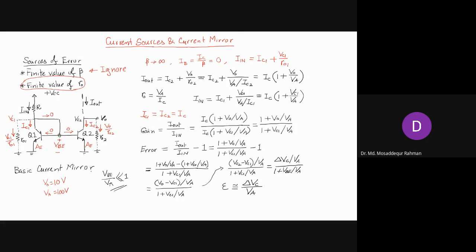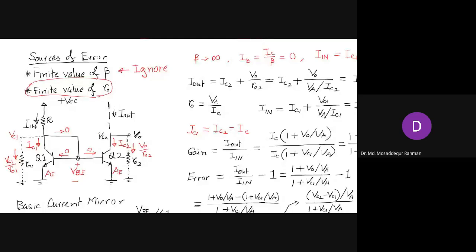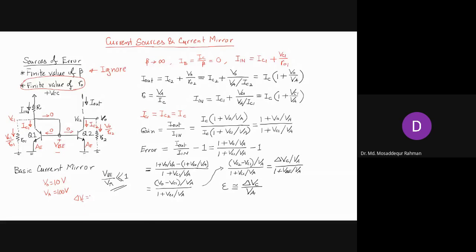Sir, 9.3%. Right. So in this case, del VC, which is VC2 minus VC1, where VC2 is V0 and VC1 is VBE, which is 0.7, so you get 9.3 volt.